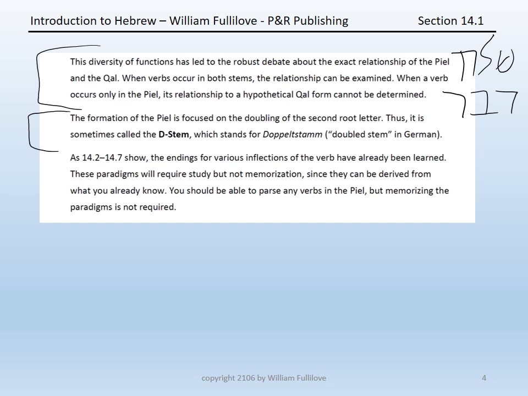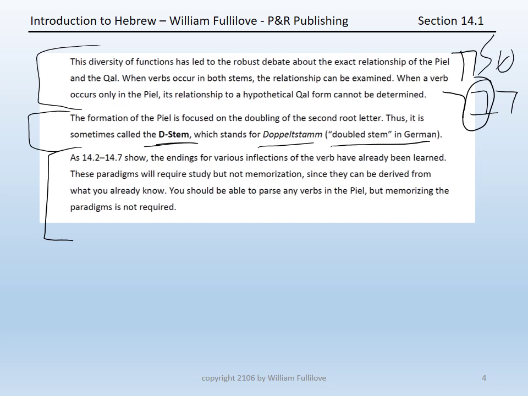Second, note that the formation of the Piel will be largely focused on doubling the second root letter. Thus, the Piel is sometimes called the D-stem, which stands for Doppelstamm, doubled stem in German. And then a third final note before we return to the paradigms. As you will see in the next sections, the endings and prefixes for all the various verbal inflections are going to simply be those you have already learned.